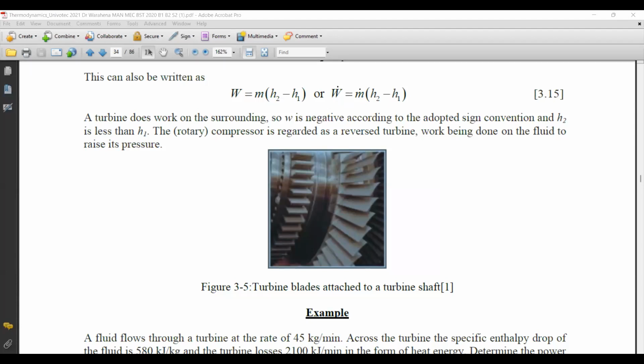This is not the full turbine, but this says this is a turbine. Okay. Compressor would be the opposite one. Turbine, in and out. The best is for turbine.